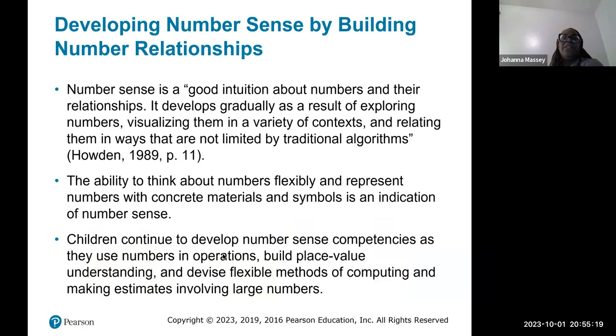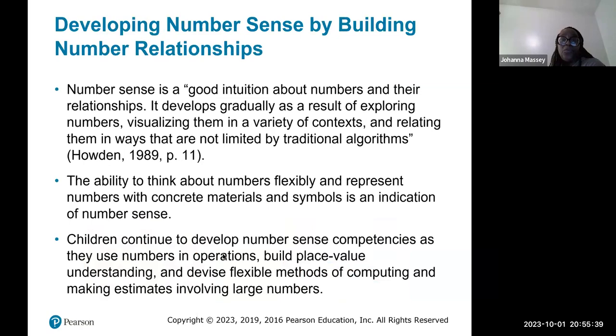Developing number sense by building number relationships. Look at what they said here. Number sense is a good intuition about numbers and their relationships.